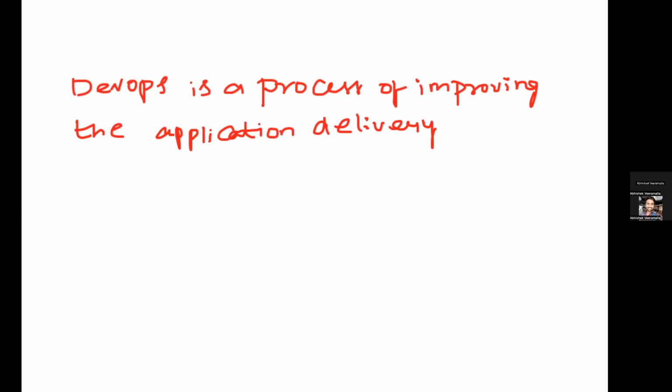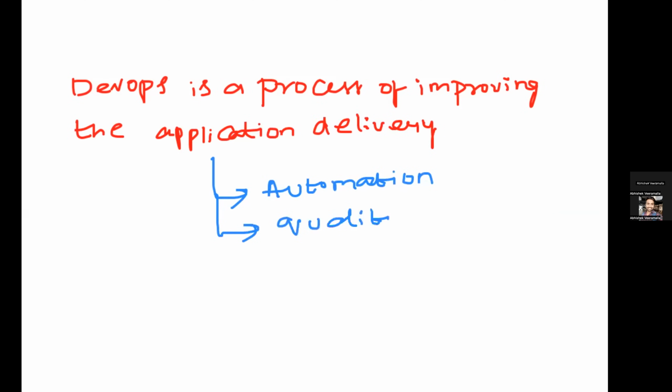DevOps is a process of improving the application delivery by ensuring that there is proper automation in place, by ensuring that there is quality that you have maintained, and continuous monitoring. Monitoring is a very key aspect.